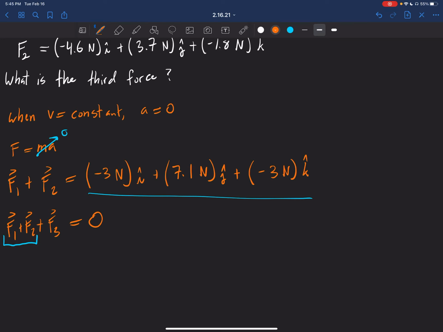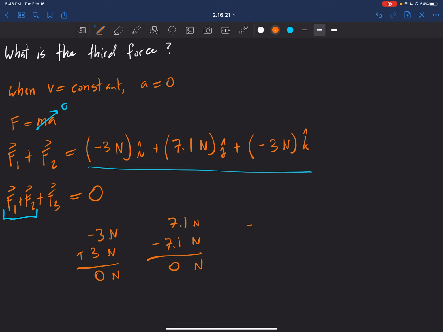And you should just look at that and go, okay, well, let's see, if I take negative 3 newtons and I add 3 newtons, I get 0 newtons. If I take 7.1 newtons and I subtract 7.1 newtons, that's 0 newtons.